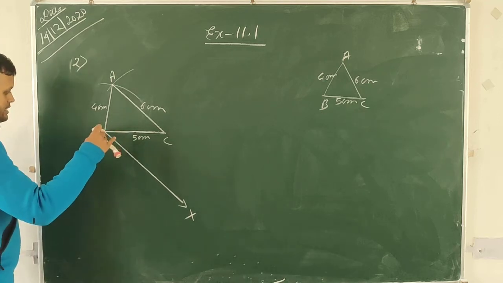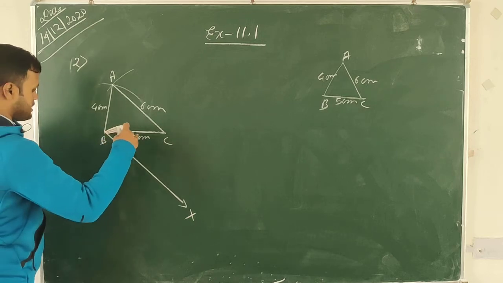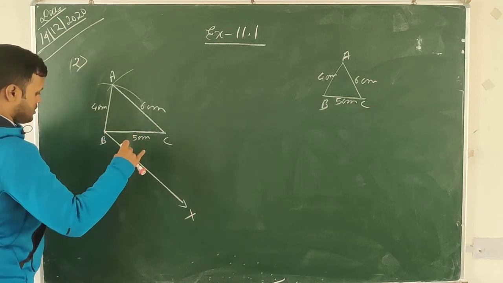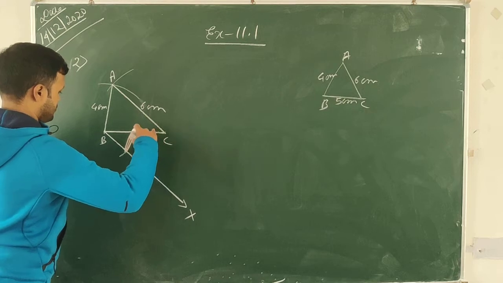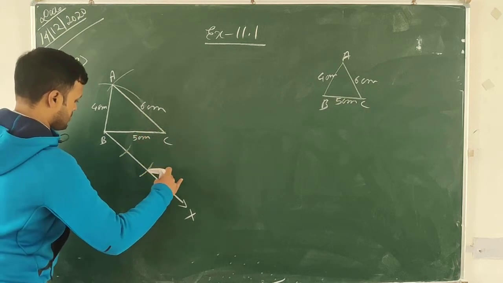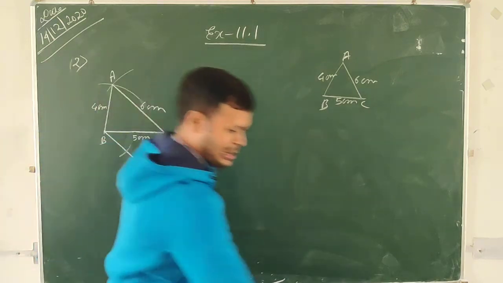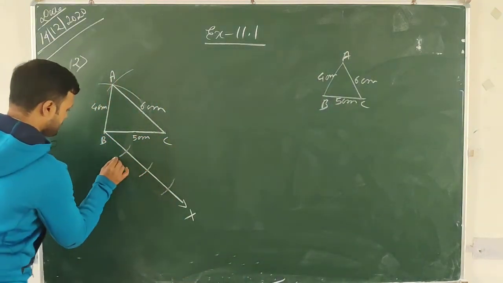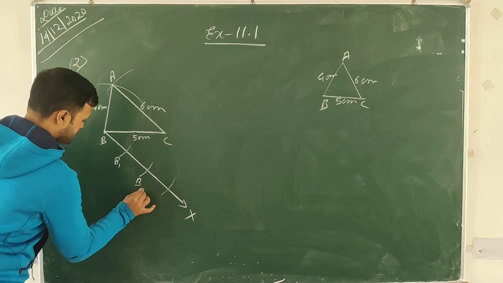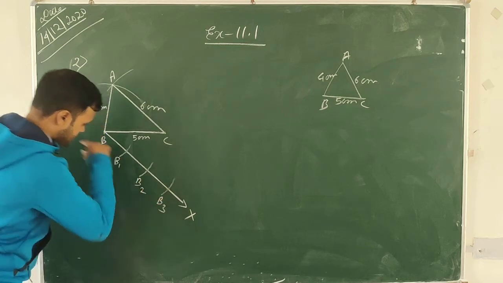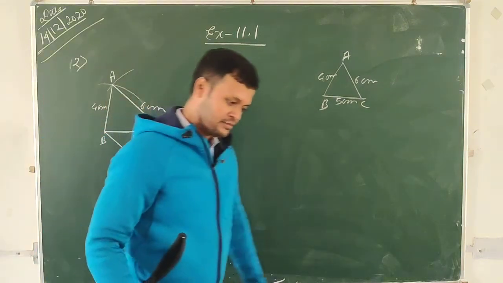Any suitable radius you will take, and from the point B we will draw 3 arcs: 1, 2, 3. So these are B1, B2 and B3.